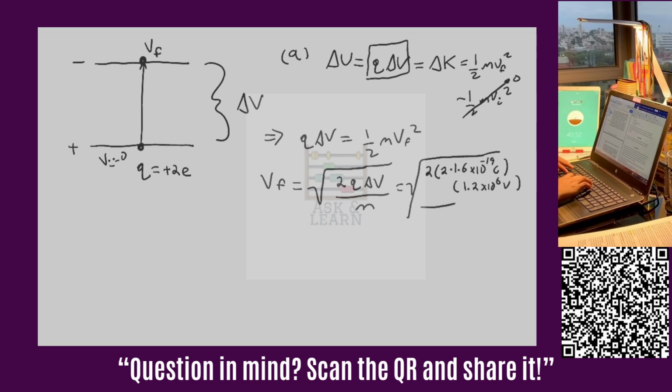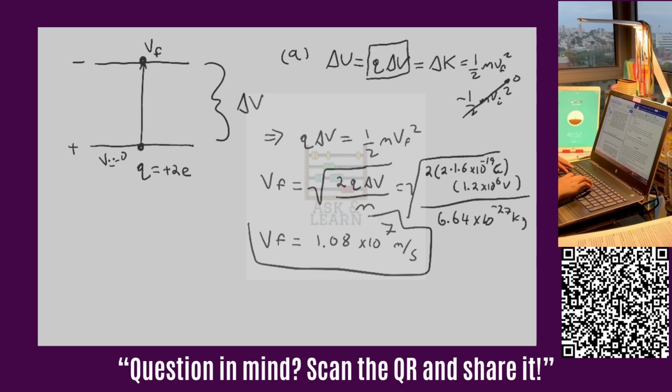Then we divide by the mass of an alpha particle, which is given to us as 6.64 times 10 to the negative 27 kilograms. Put all this in our calculator, and for part A, we have a final answer that the speed of this particle is about 1.08 times 10 to the 7 meters per second. Pretty quick, but not quite enough to have us think about relativity.